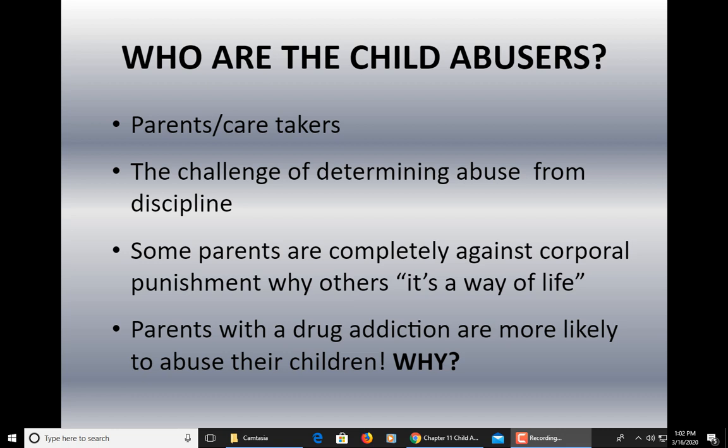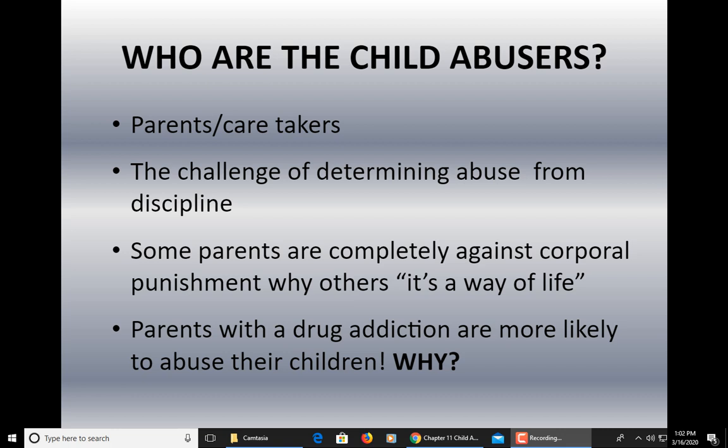Because if someone is not a caretaker or a parent, they have no right under any circumstances to strike a child. If you are walking through a store and you see a child acting up, and you don't know this child, you can't walk up to that child and slap that child and say, I'm just issuing corporal punishment. In order for it to be corporal punishment, you have to be a caretaker or a parent.